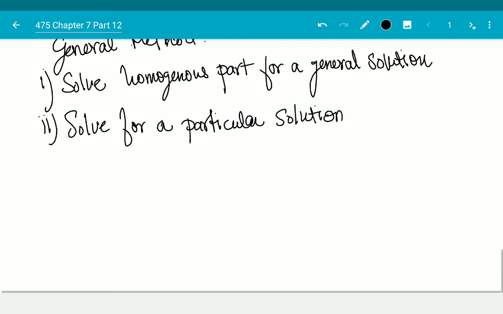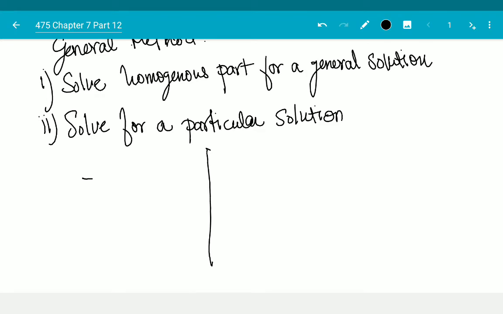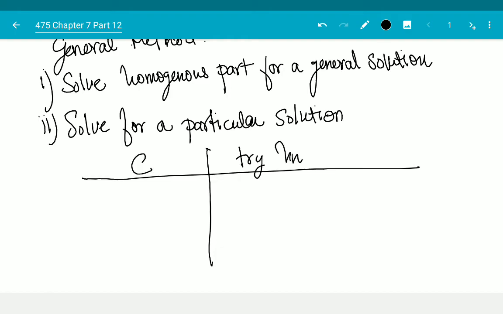And the table you'll be using looks something like this. If c is a constant, so let me say c is some constant d, then try h of n equal to another constant a.